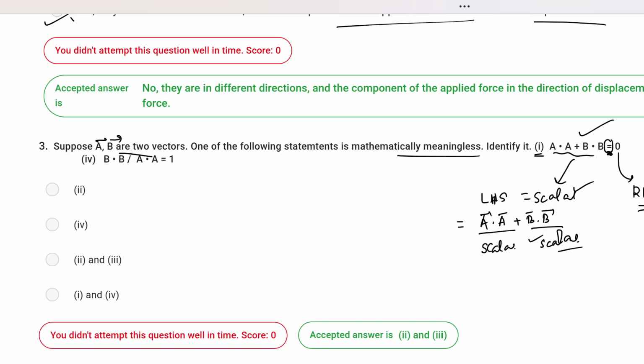Because you are taking the dot product of the same vector, so what you are going to get is the modulus squared. Similarly, B dot B is going to give you B modulus squared. Now if you think about it, modulus of A squared has to be a positive quantity, and similarly modulus of B squared has to be a positive quantity, because they are squared terms. They cannot be negative, right?